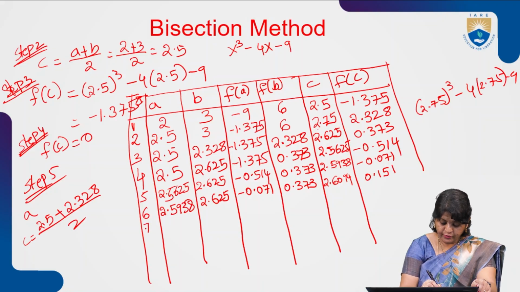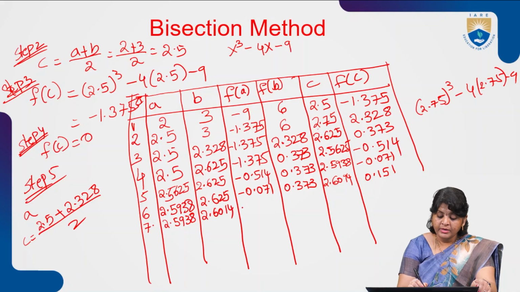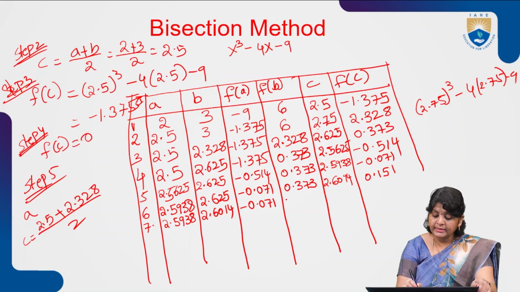So now for the seventh iteration, A is 2.5938, B value will be changed to 2.6094, and f of A will be the same. f of B is 0.151, and for the seventh iteration, the C value is 2.6016 and the f of C value is 0.040.